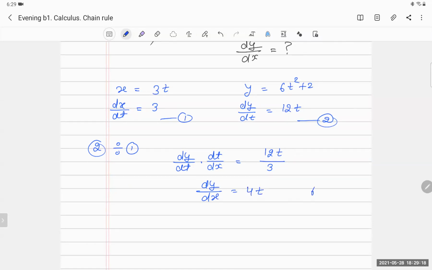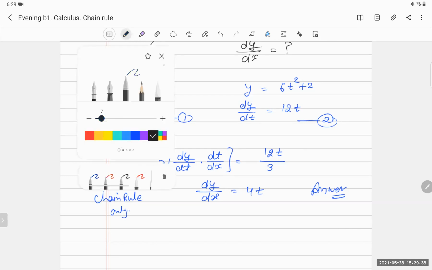Cool, my answer. So sir, basically we can just multiply by dt by dt. Yes sir, because what is this? This is chain rule only, na?